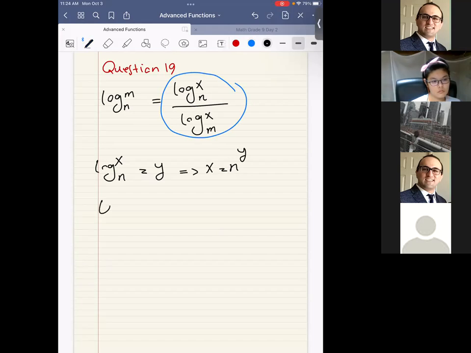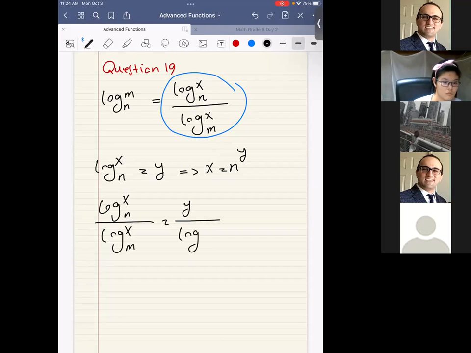So log x with base n over log x with base m is equal to, but we know that log x with base n is y, over log of, but x is n to the power y.